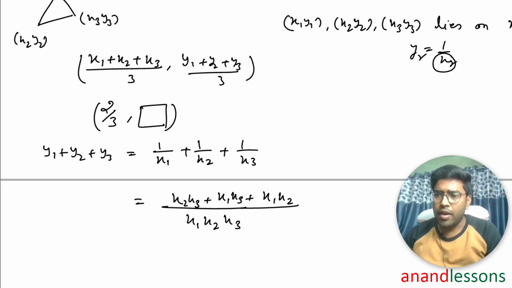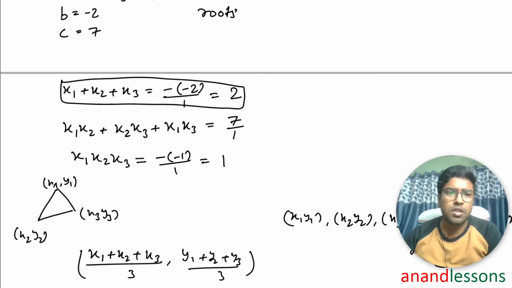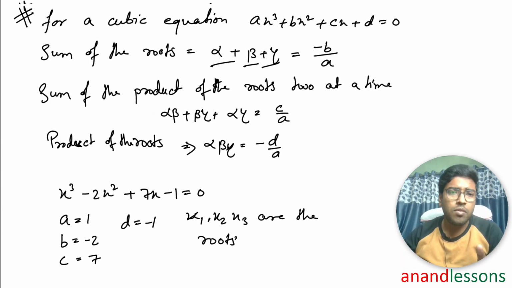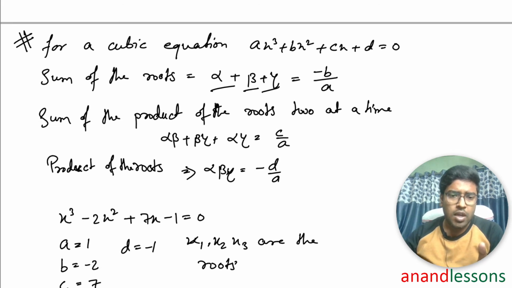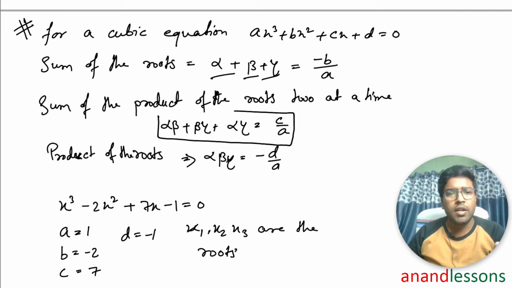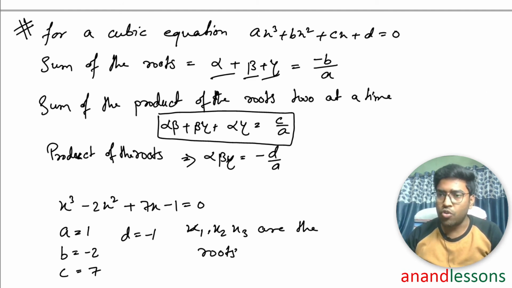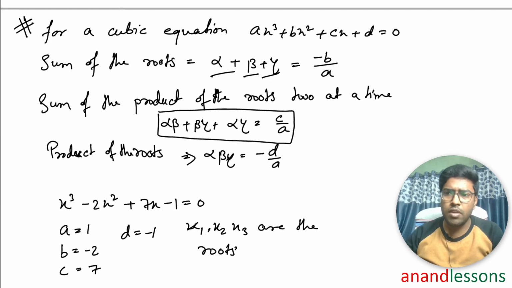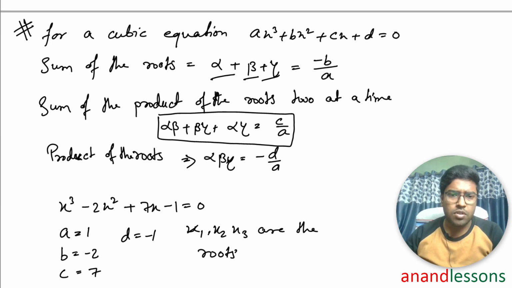The sum of the product of roots two at a time will be c by a. So what is our c? Our c is 7 and a is 1. So 7 by 1 will be the numerator, and the denominator will be the product of roots, that is minus d by a.